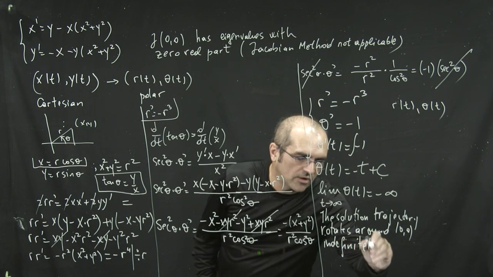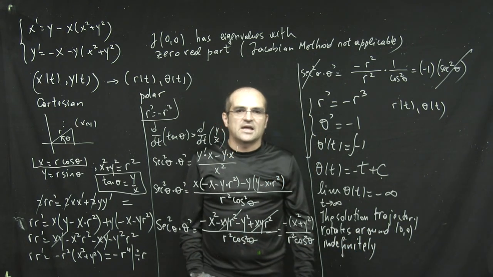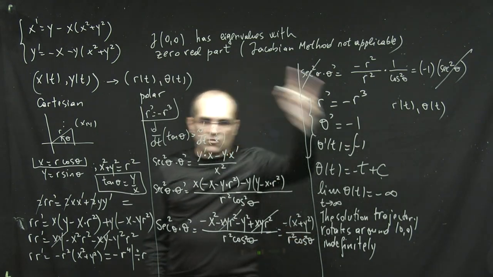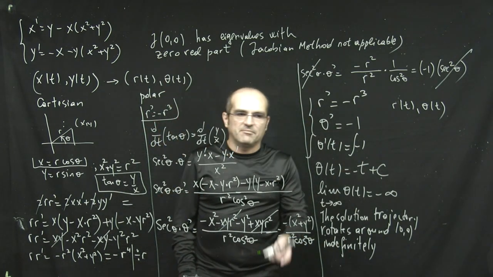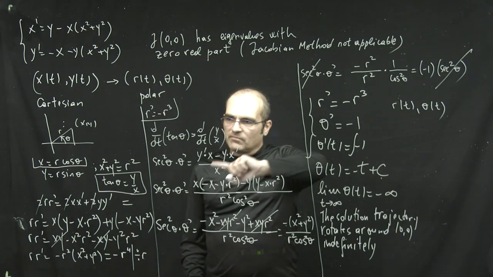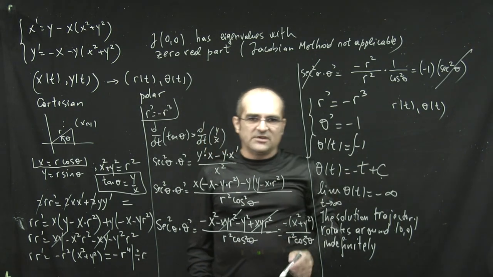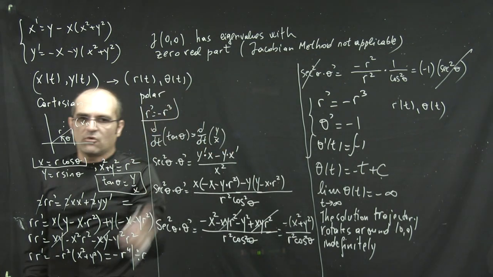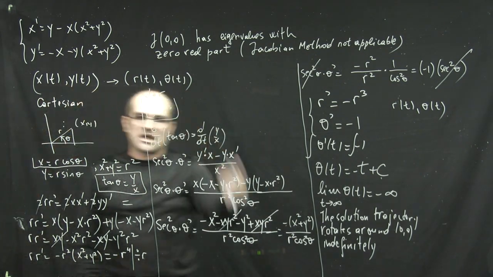To say that your system in polar coordinates has an unbounded theta is to say that the solution keeps on going around the origin all the time, rather clockwise, because you have minus infinity. But for our purposes, it doesn't matter whether it's clockwise or counterclockwise.